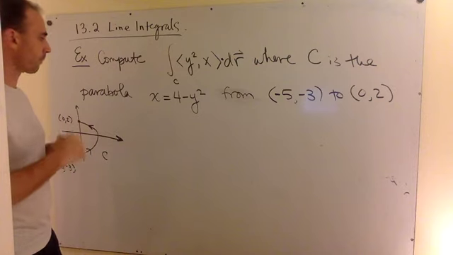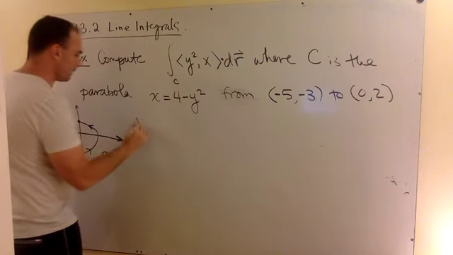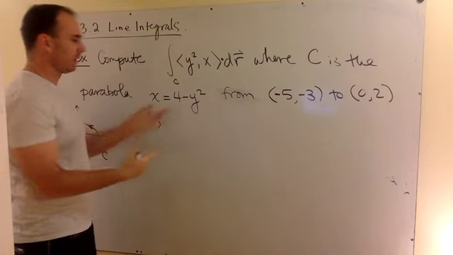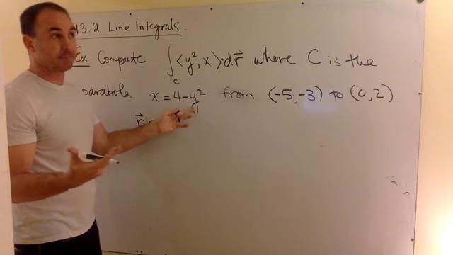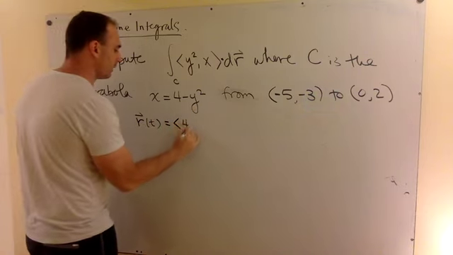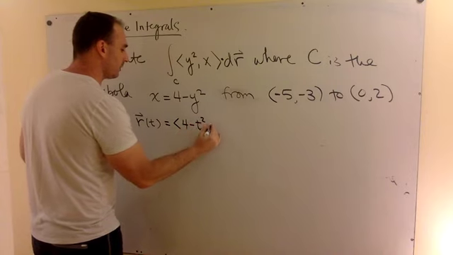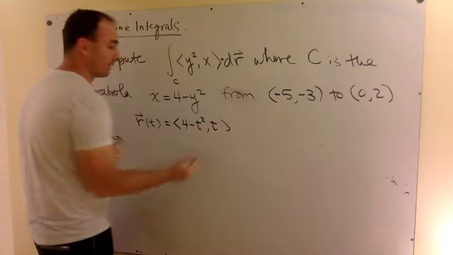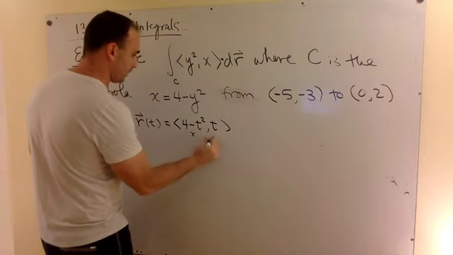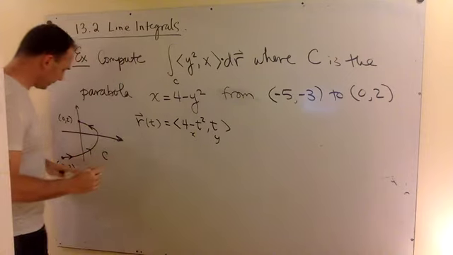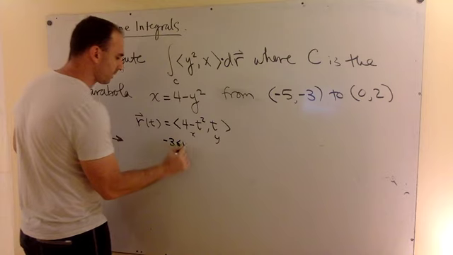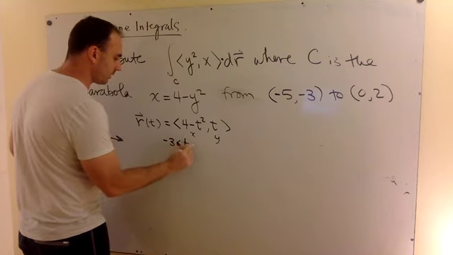First off, we need to parameterize it. It's really easy to parameterize this x as a function of y. You let y be the independent variable and x be the dependent variable. This will parameterize it: this is my x, this is my y, and my t will range from negative 3 to 2.